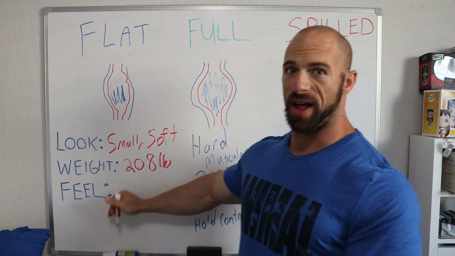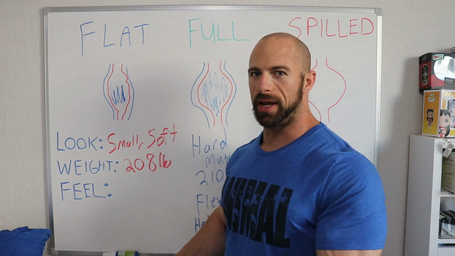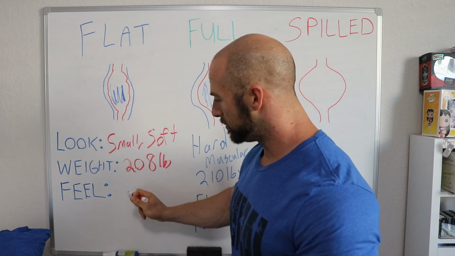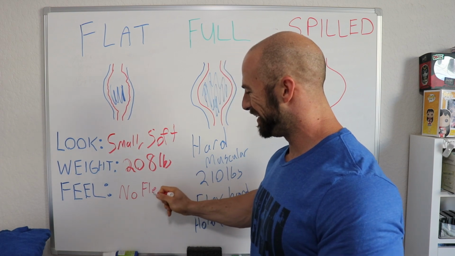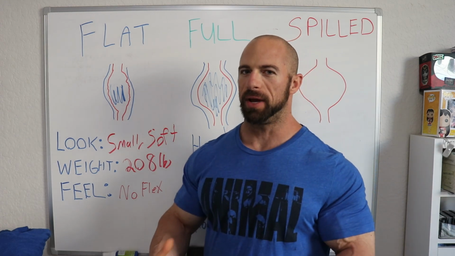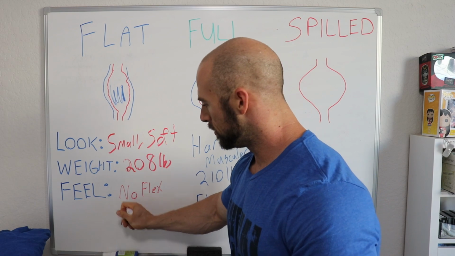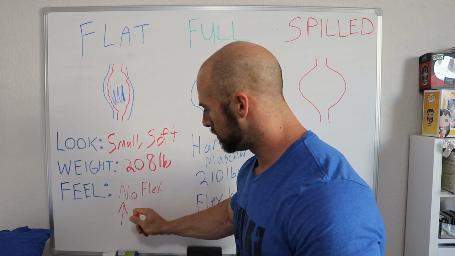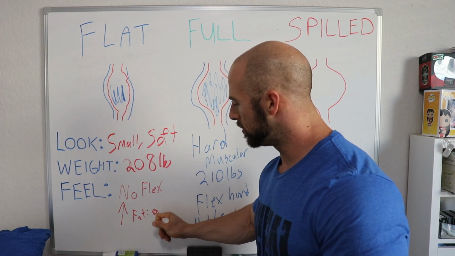Now what's it going to feel like? It's going to feel like you can't contract your muscle. Like you can't flex. No flex. And also, you're going to have a hard time keeping a contraction, so you might fatigue quick. Also just being in a state of dehydration.